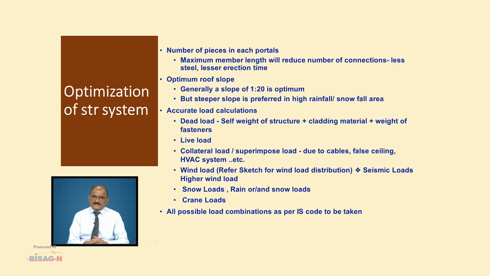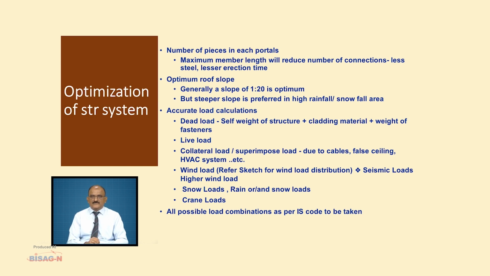Then one more important thing in optimization of structural system is very accurate load calculations. The dead load including self-weight of the structure, all cladding material, even weight of the fasteners should be considered. Nothing should be left for imagination or approximation. Live load, all kinds of live load should be taken.